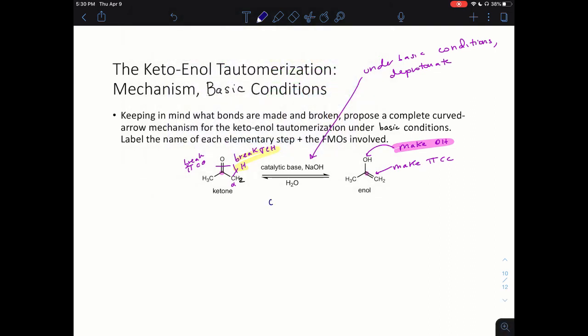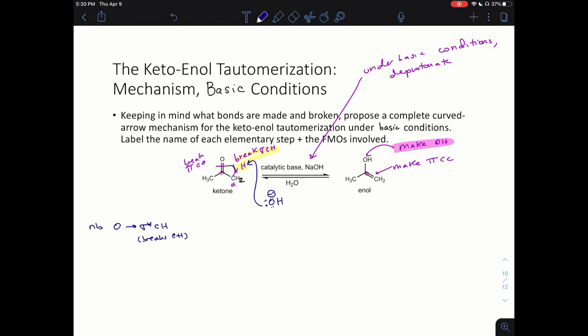So the base, sodium hydroxide, or hydroxide, because sodium is a spectator ion, will donate its non-bonding pair of electrons to sigma star CH. When you fill an antibonding orbital, you break the bond.